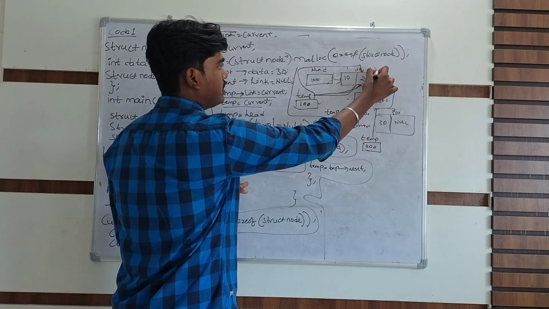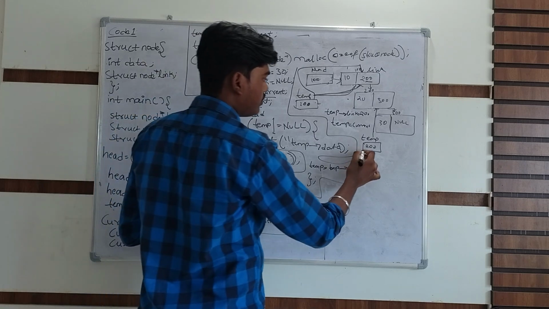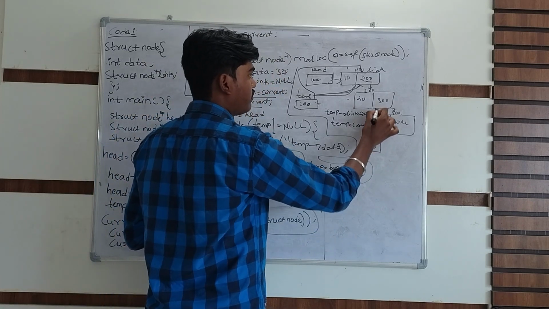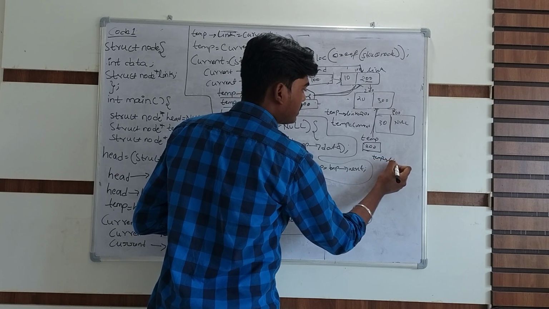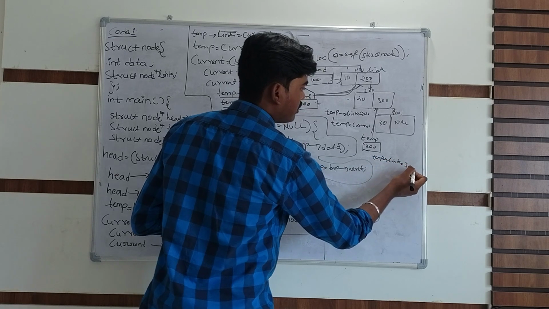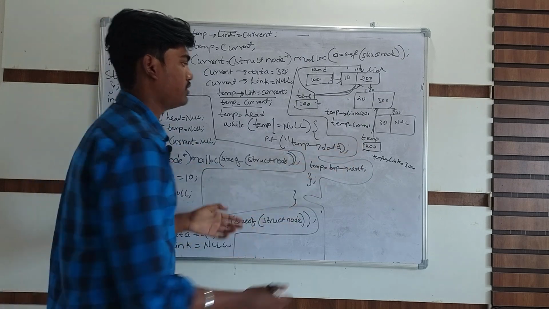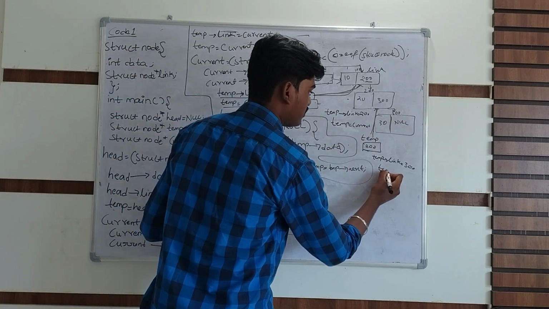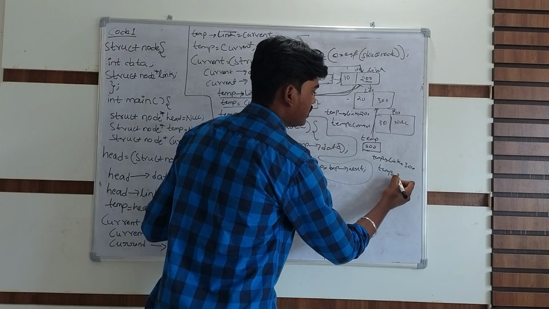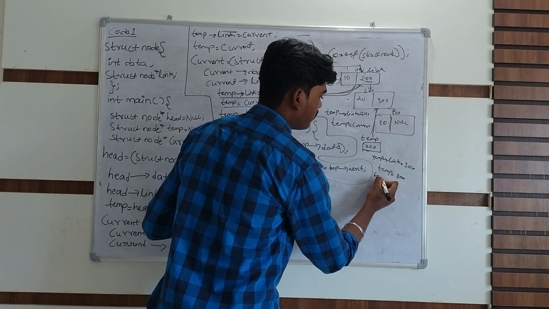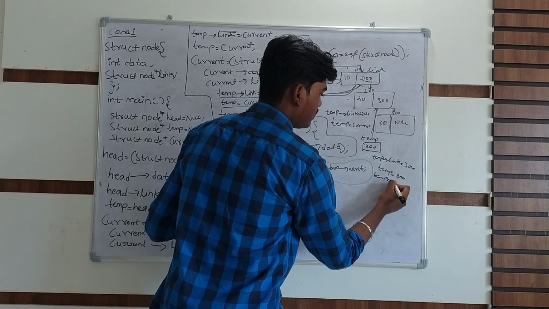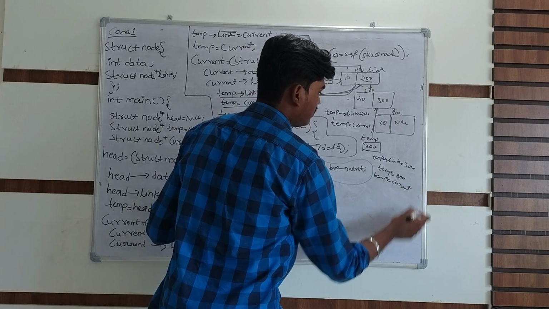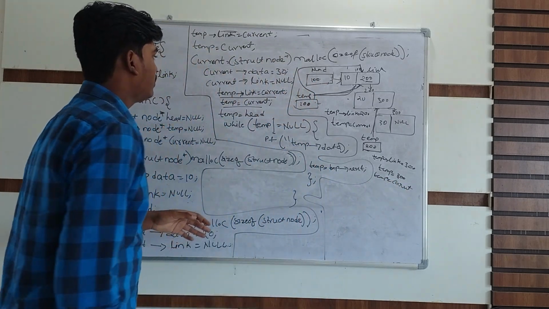So now temp is 200 and temp link was 300. Now we have to store this 300 into temp. Temp equal to 300. What is this node? Current. Temp equal to current. Like that we have to give.